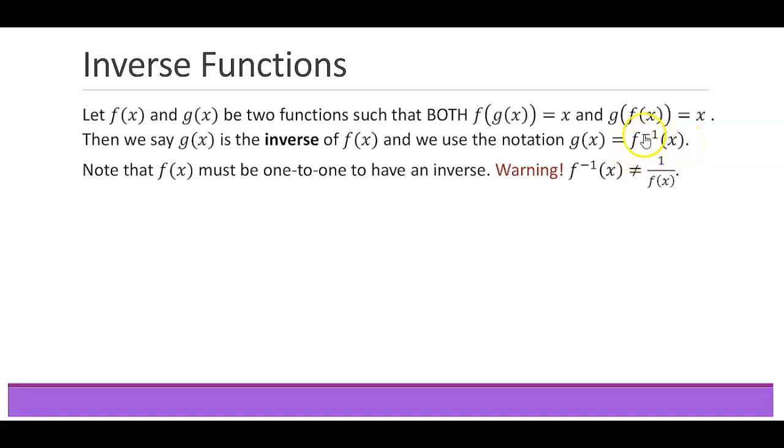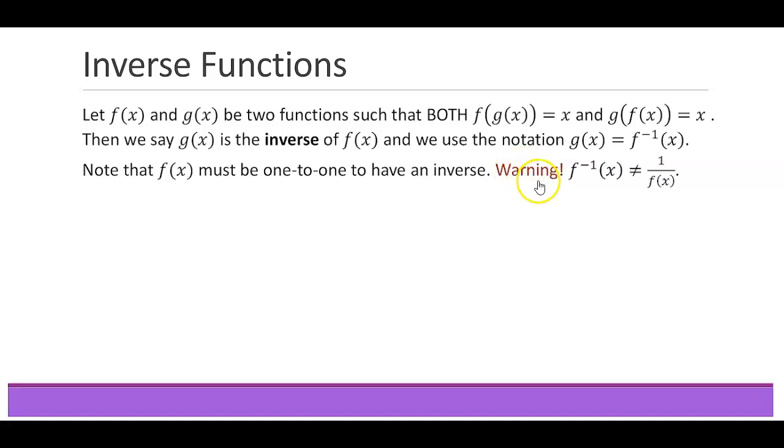We read it as f inverse of x. So note that f of x must be one-to-one to have an inverse. In order for two functions to be inverses, their compositions in both directions have to give us just x.